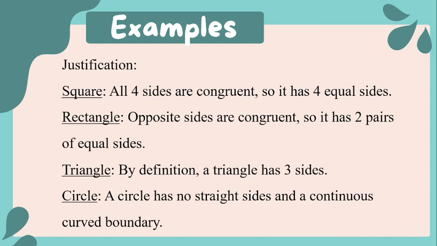So in the square, all 4 sides are congruent, so it has 4 equal sides. Rectangle, opposite sides are congruent, so it has 2 pairs of equal sides. Triangle, by definition, a triangle has 3 sides. Circle, a circle has no straight sides and a continuous curved boundary.